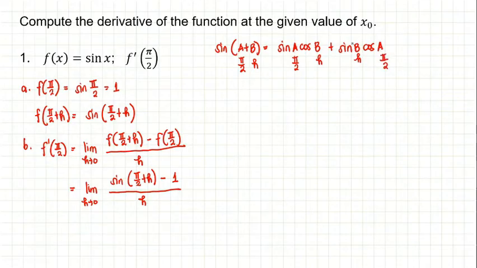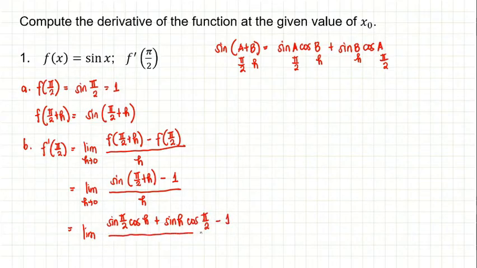So from that, we can now separate the two angles. Okay? So in this case, we will now have the limit of sine pi over 2 cosine h plus sine h cosine pi over 2 minus 1 all over h as h approaches 0.